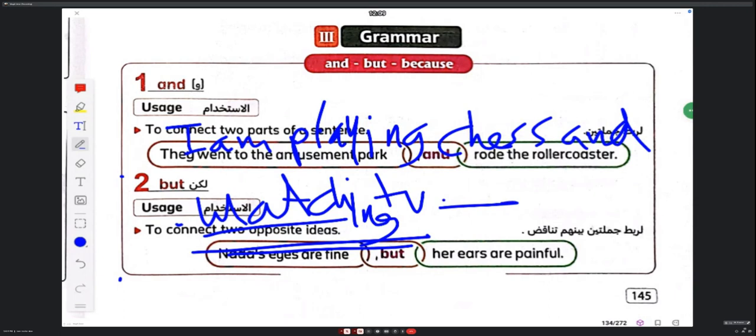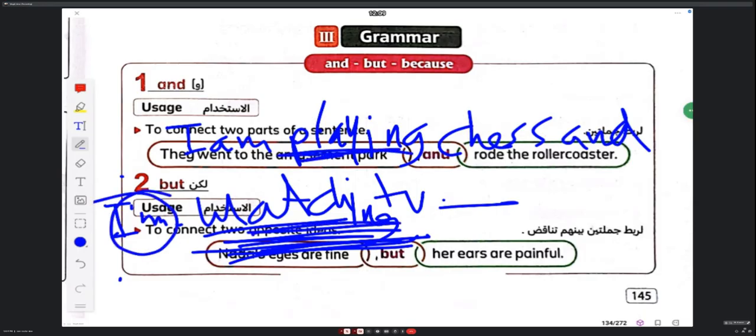So watching here is a shortening of the sentence I am watching. We don't need to write I am watching here, so we use doing and doing. Okay.